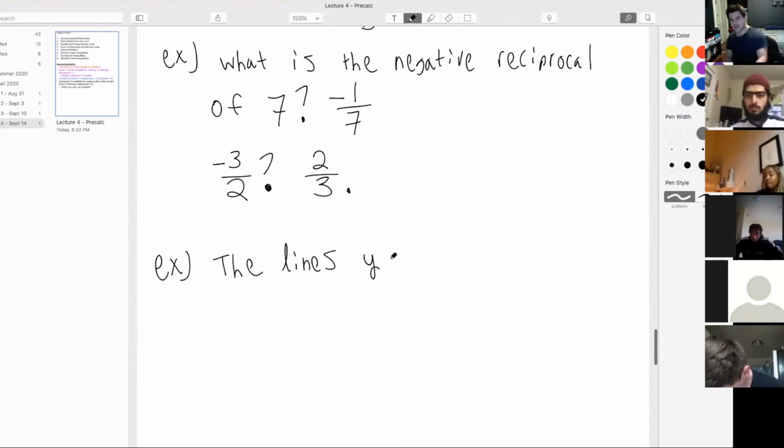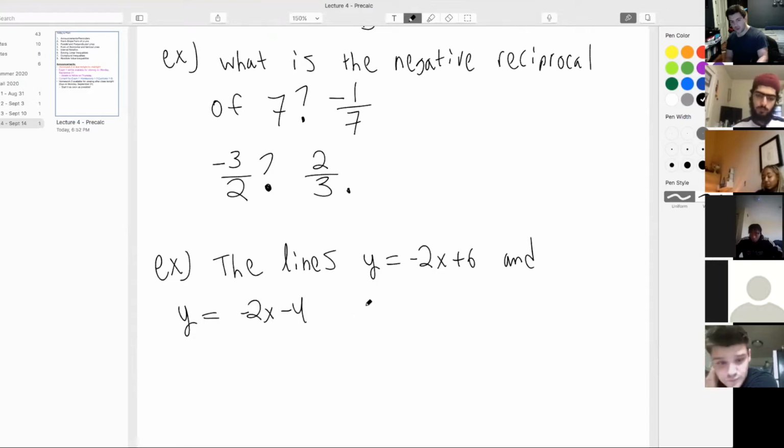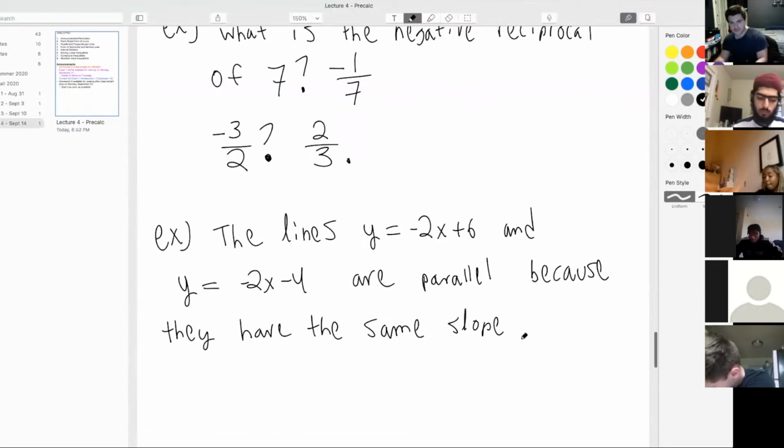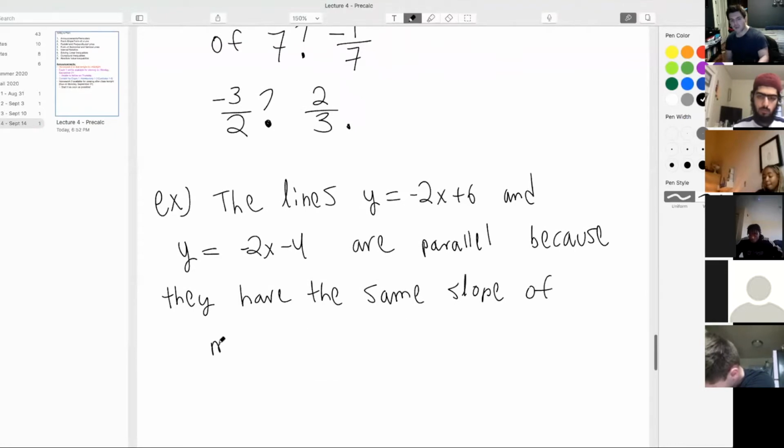The lines y equals -2x plus 6 and y equals -2x minus 4 are parallel because they have the same slope, m equaling -2.